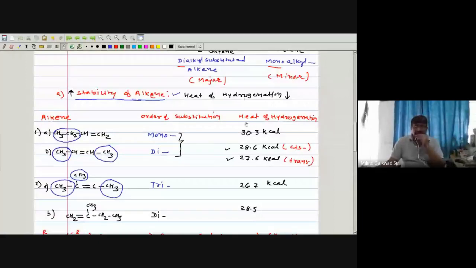Here the disubstituted has 28.6 or 27.7. Again, the trans is more stable than the cis. The trisubstituted has 26.7 kilocalorie per mole energy. In the sequence, the trisubstituted is more stable than the disubstituted, then the monosubstituted, and then the methyl.